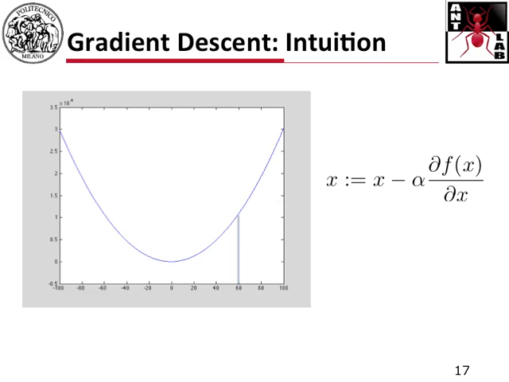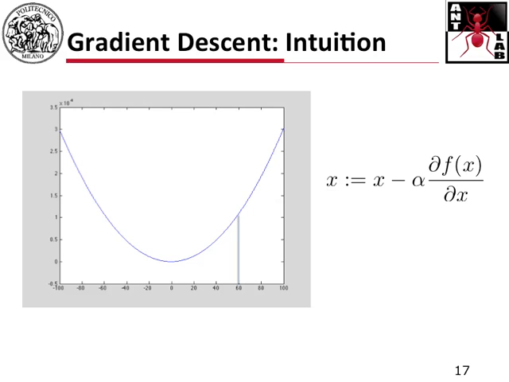As you can see from the figure, this derivative is positive because the slope is positive. Which means that if we start from 60, we have a positive factor, which is multiplied by a negative coefficient. So the new x will be somewhere on the left of 60. So the step is correct, in the sense that we move closer to the global minimum. Clear?